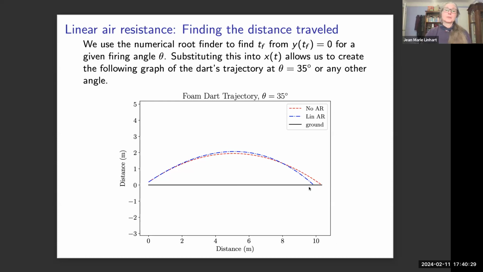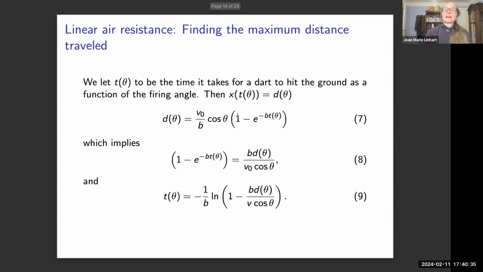And of course, another thing we ask the students to do is to find the theta at which d of theta is maximized. Now, this is a little bit harder than it was in the earlier case. So we let t of theta be the time it takes for the dart to hit the ground as a function of the firing angle theta. X of t of theta is, of course, d of theta.